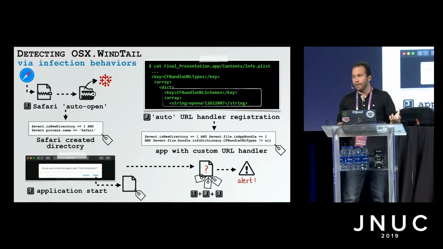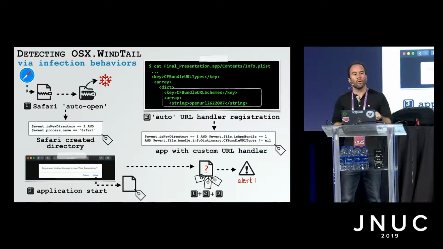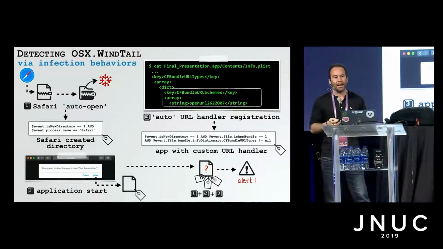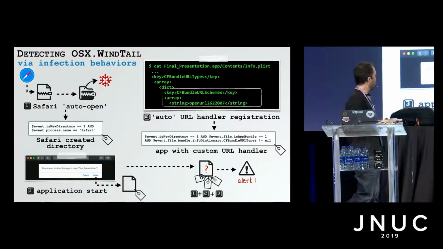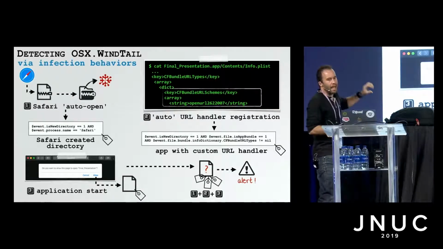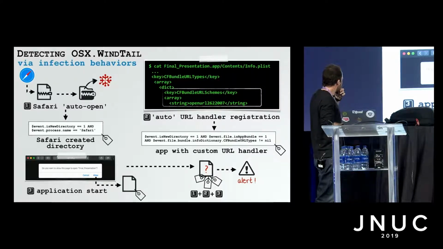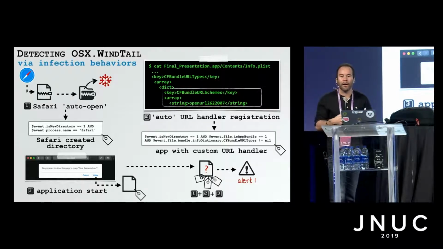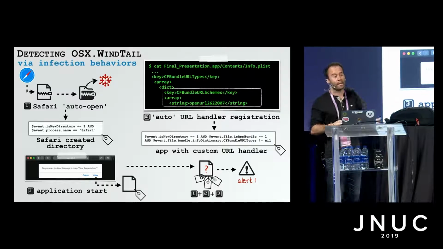So we can now detect some of these repurposed malware threats fairly easily. For example, we talked about Wintail. It abuses custom URL handlers as a way to infect even fully patched Mac systems. What we can do is write a rule or an analytic to generically detect this. In step 1, we detect the fact that Safari has auto-opened an application or a zip file. We can then detect in step 2 that that application, which was just unzipped by Safari, contains a custom URL handler that macOS just automatically registered.